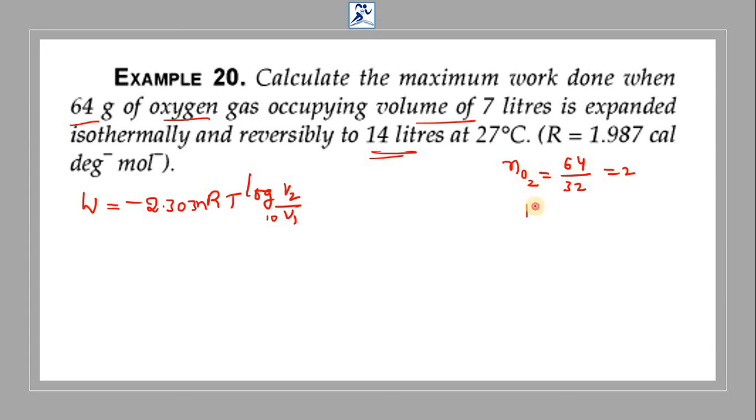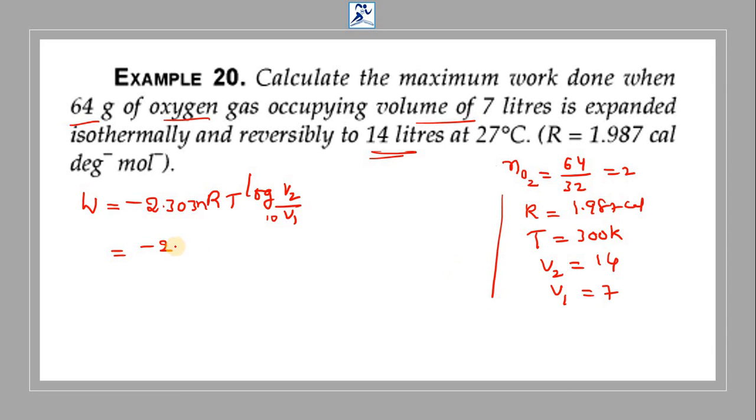And R value, they've already given 1.987 calories, and the temperature given in the question is 27 degrees Celsius, which means 300 Kelvin. Come to the volume. V2 is 14 in the question, V1 is 7. So if you substitute all these values, it will be minus 2.303 into the number of moles.